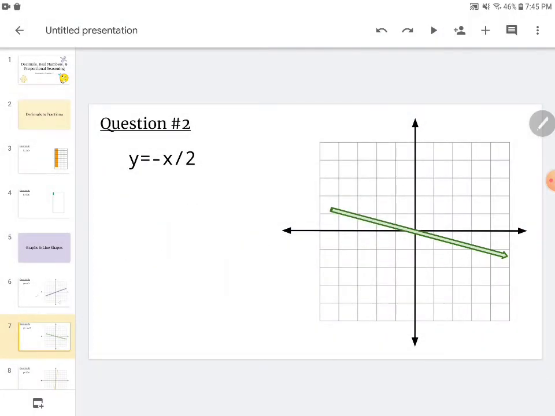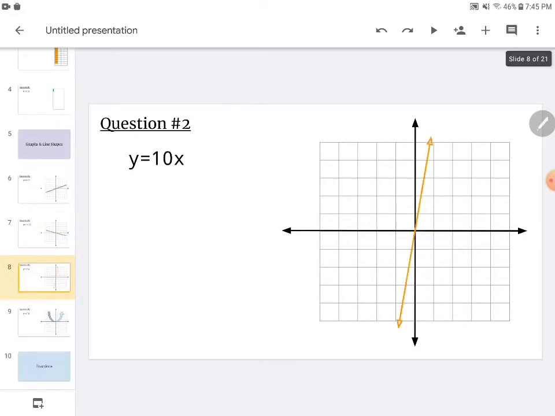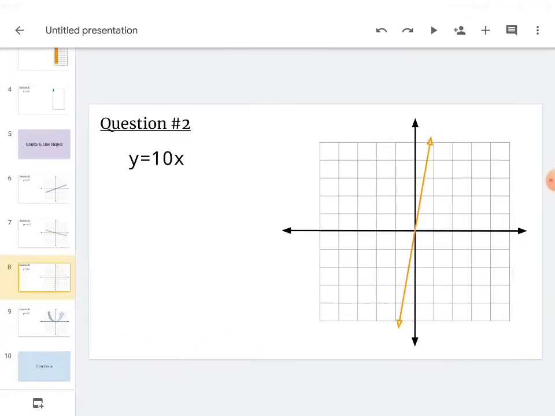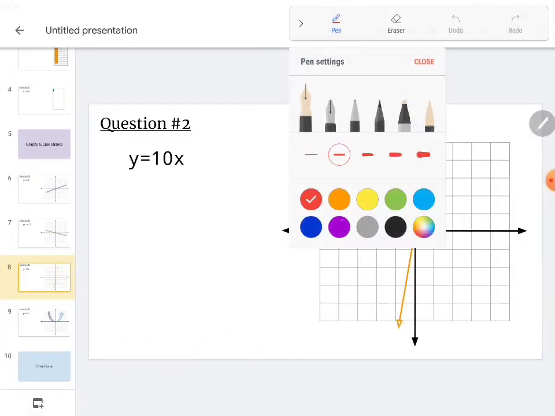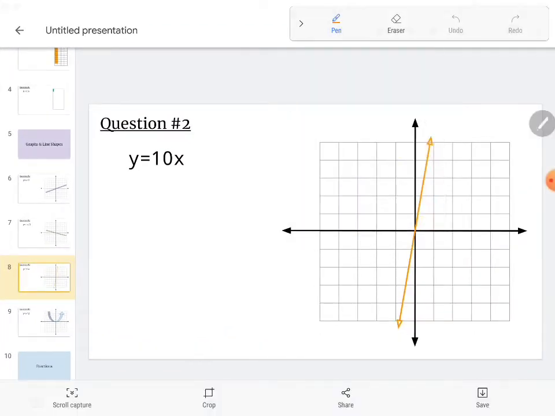Again, we're going to move on to our next equation, which will be y equals 10x. Well, we know, let me change my color. We'll do orange this time. I think orange is an exciting color. We know y equals 10x.